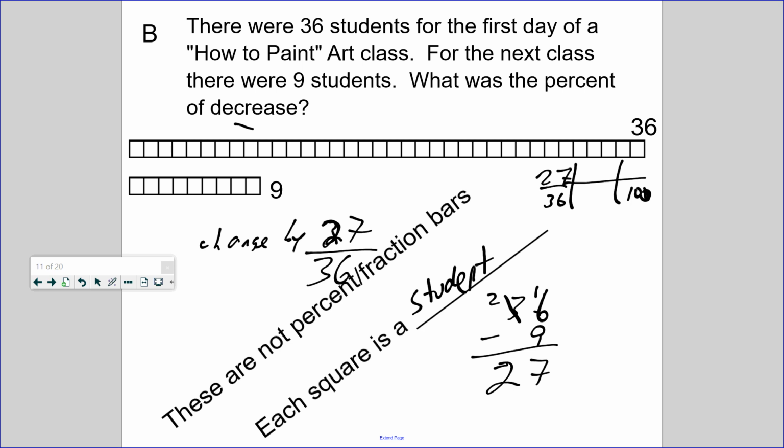Can we do a side-to-side relationship? Not really. Up and down? No. Why don't we simplify? What could I divide both of these by? By 9. 3/4. Oh, that's 75%. So it started at 36 students, it went down to 9 students. It was a decrease of 75%.